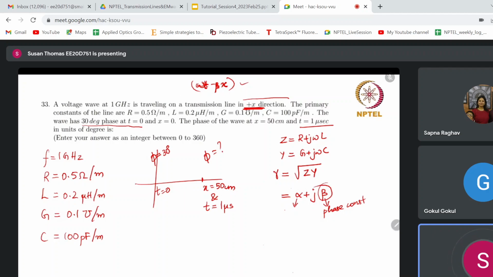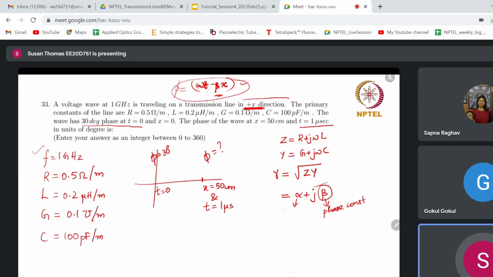So if you know the beta, that means the phase constant, then you can substitute here in the equation of a wave, omega t minus beta x. So this is the phase. What is the phase? Omega into t. Do we know omega?